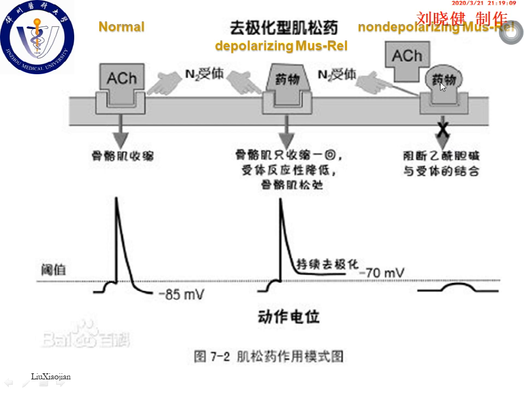These non-depolarizing muscular relaxants are competitive N2 receptor antagonists. They just bind to this receptor and occupy it. They cannot induce depolarization, so there is no contraction of the muscular cells. Understand? So they just induce muscular relaxation. This is the mechanism of action of non-depolarizing muscular relaxants.